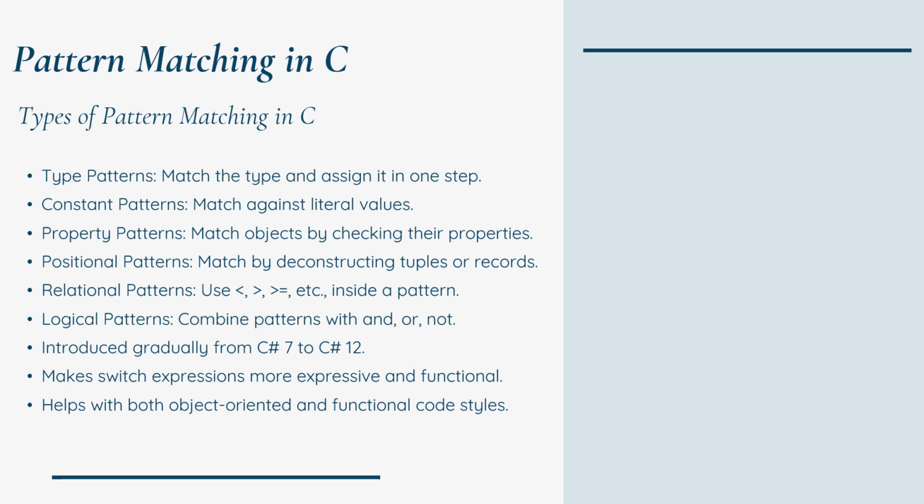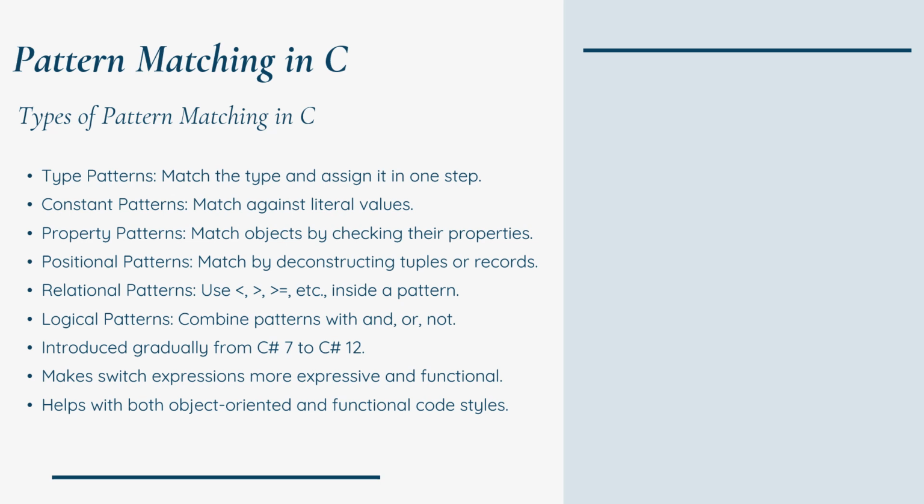Now let's talk about another powerful feature, pattern matching. Pattern matching was introduced in C#7 and has evolved with each version. It lets you match types, values, and object structures in a more elegant way. Think of it like asking, is this object a person? And if yes, can I access their age right now?